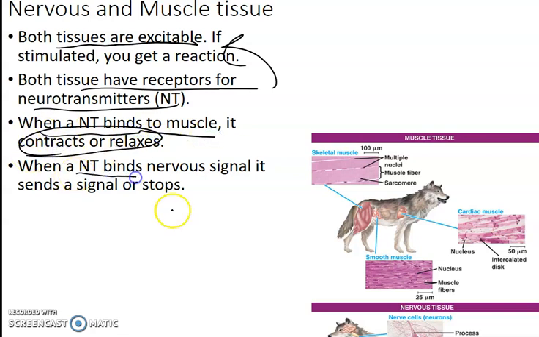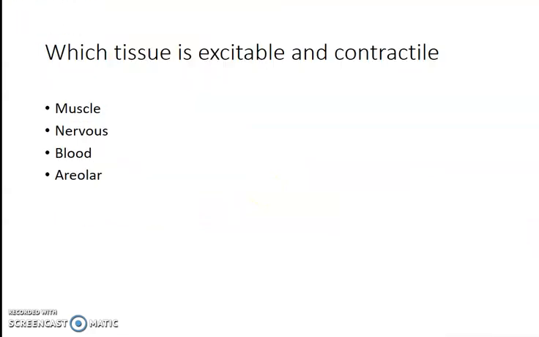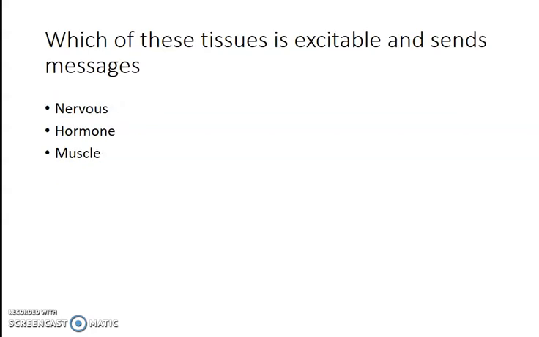When a neurotransmitter binds to a nerve, it either signals or stops a signal. Which one is contractile and excitable? It's muscle. As you can see, that was a very detailed lecture on those tissues. Which one is excitable and sends messages? That would be nervous. So again, that's all I want you to know for the last two.